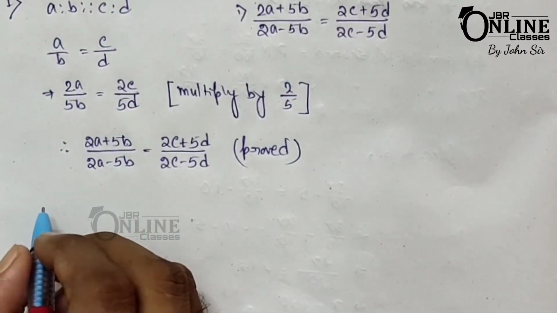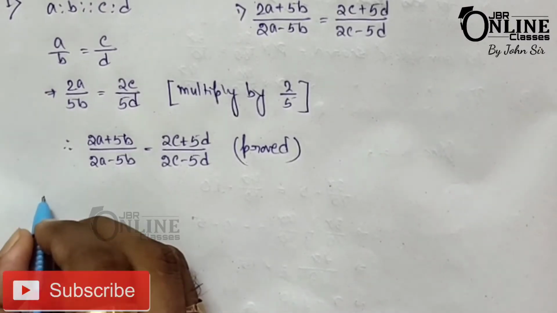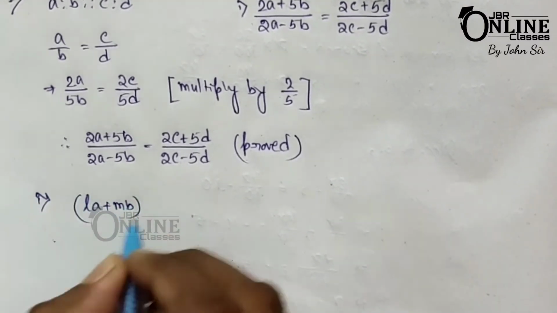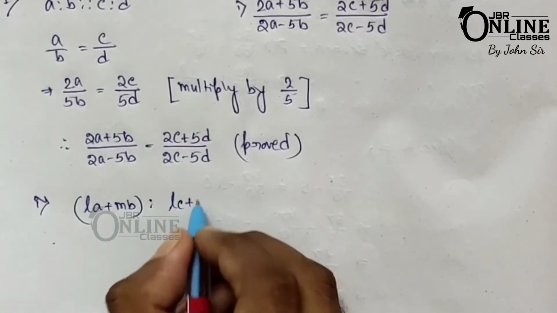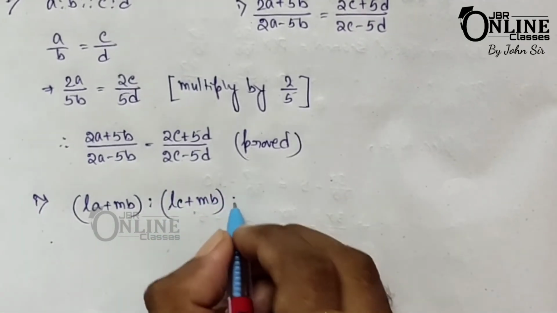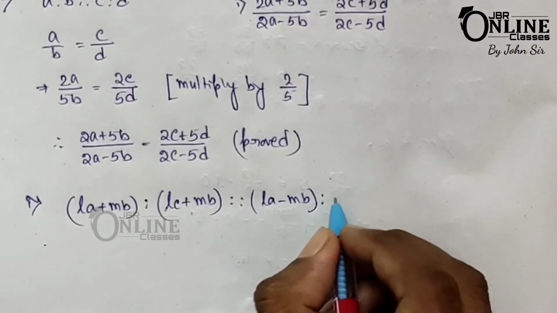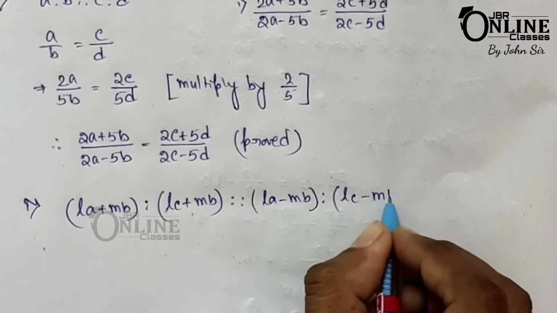Now next sum number 14. In sum number 14 you have to prove LA plus MB is to LC plus MD proportion LA minus MB is to LC minus MD.